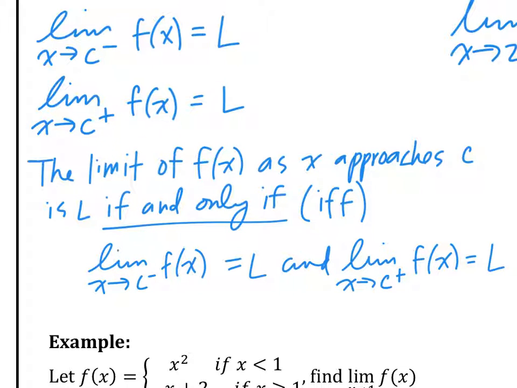Yes, I've been kind of saying that over and over again, but pretty much in this section, we're going to prove that. So anytime you want to tell me that limit is 2, I'm going to say, how do you know? Did you prove the left-hand side? Did you prove the right-hand side? Did you show that it's the same? You have to do that in order to say the limit is that number.